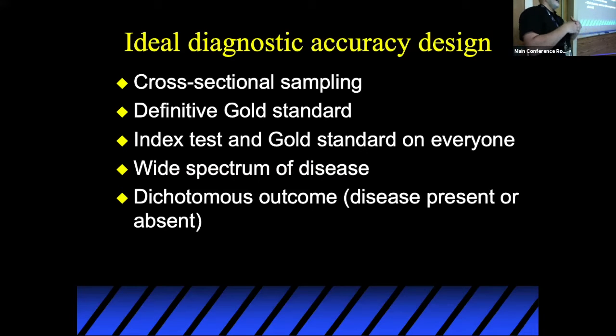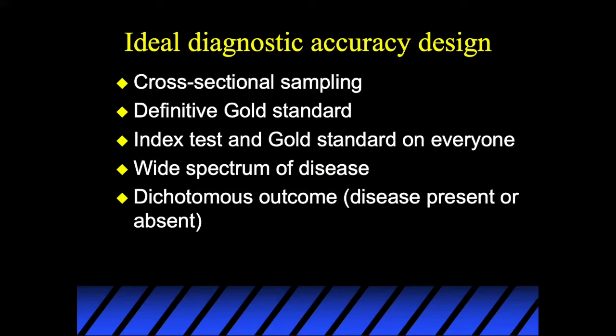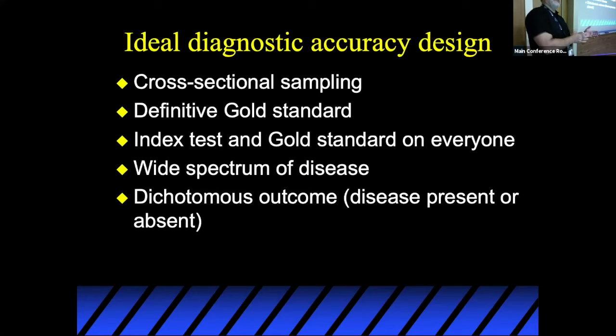So if, let's say, you want to test a new flu test, and you only do the test on patients who go to an outpatient clinic, you're going to miss the patients who are really sick and come to the hospital and get admitted. Or vice versa. If you only do it in hospitalized patients, you're only testing people with severe influenza, and you're going to miss the patients who don't have this serious form of disease.